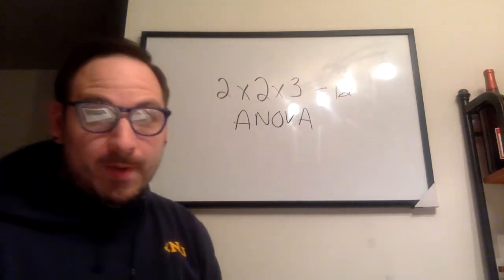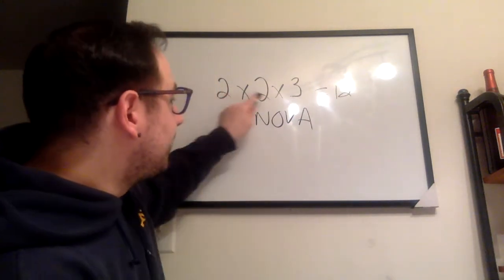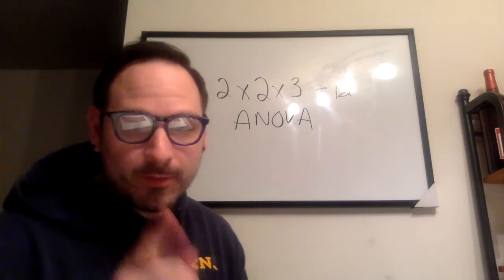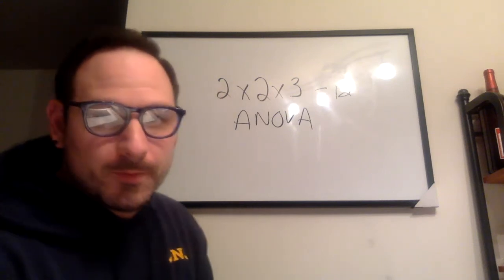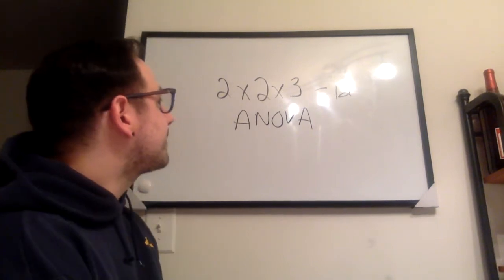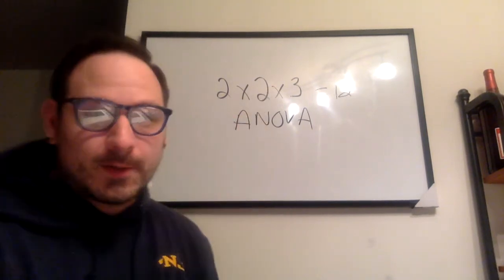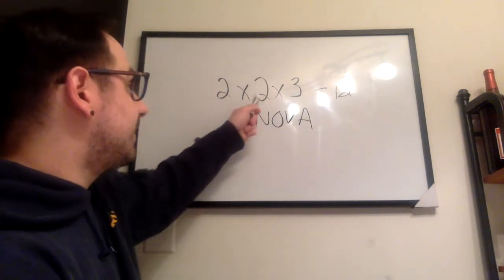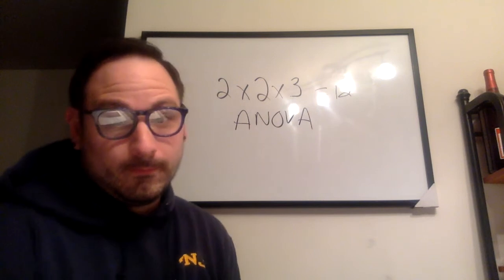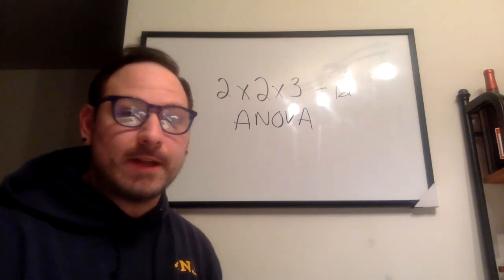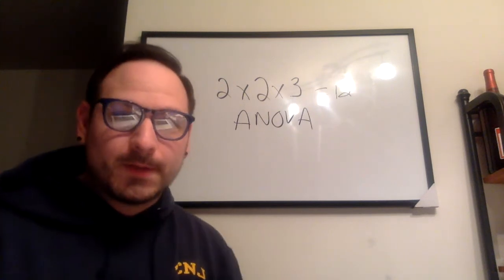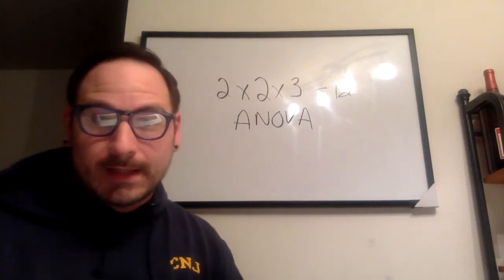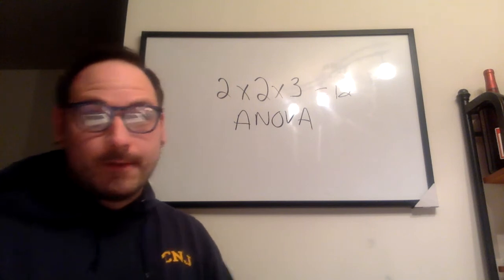Okay? It's also possible that some of these, in ANOVA speak, we refer to independent variables as factors. I'll remind you of that in a couple minutes because we're going to go through those slides. It's possible that some of these factors are either between subject or within subject. I mean, you could have between subject, within subject. You can mix and match. Multifactorial designs like this, I think, are a little bit beyond the scope of this course. But if you take a class in multivariate stat, you'll cover these pretty extensively.